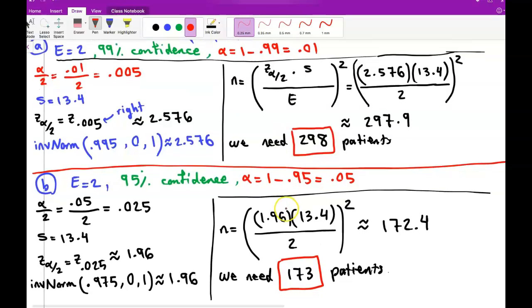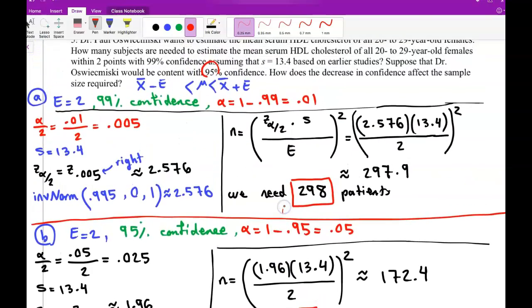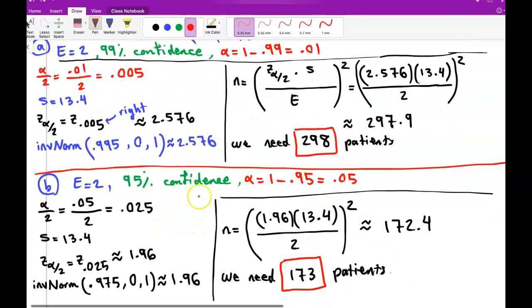Okay, now compare these two. The difference is that on the first part we had 99% confidence and the sample size was 298. And when decreasing this confidence to 95%, the sample size is also decreasing.